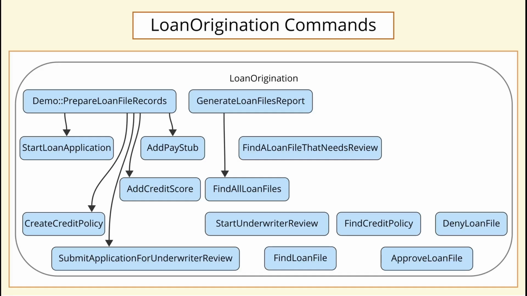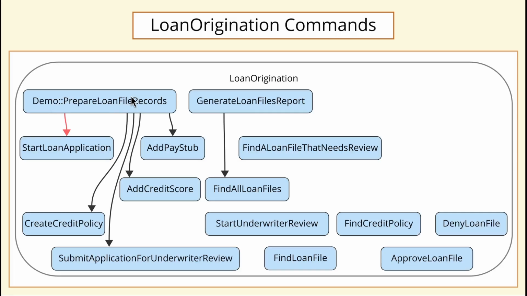And let's contrast that to this relationship here between these two commands. You could pick any two commands that have a dependency. But if we change the interface to start loan application, not only do we have to fix the domain logic implementation inside start loan application, we have to fix the domain logic implementation in prepare loan file records as well.